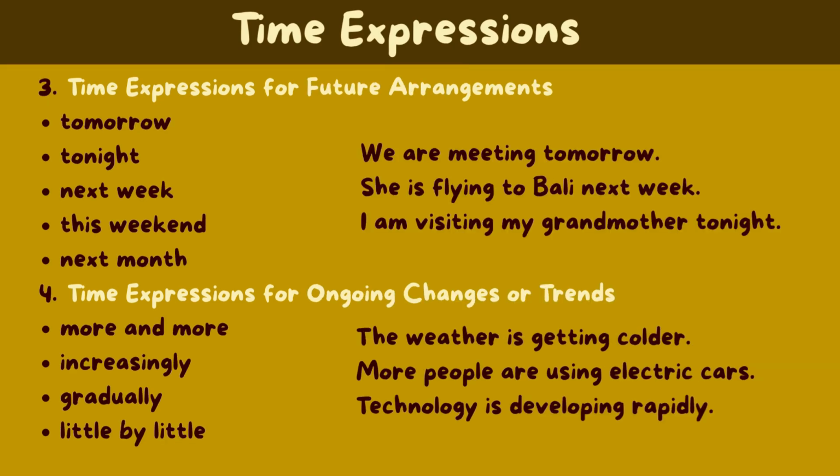Third, we use time expressions for future arrangements. Common examples are tomorrow, tonight, next week, and this weekend. For example, we are meeting tomorrow, and she is flying to Bali next week.